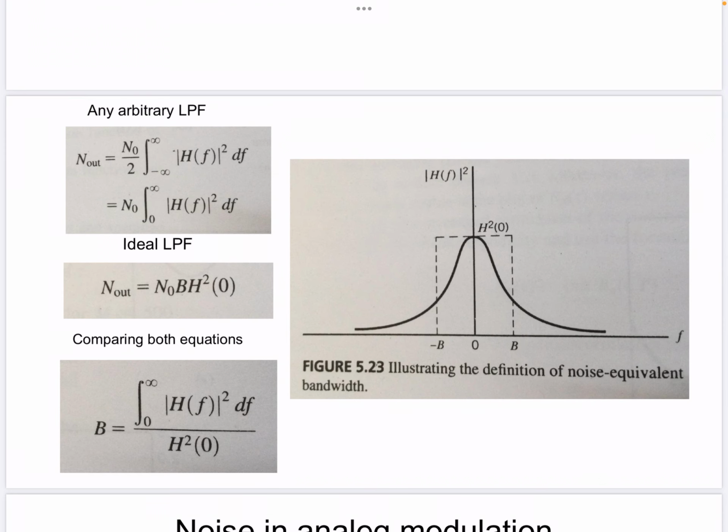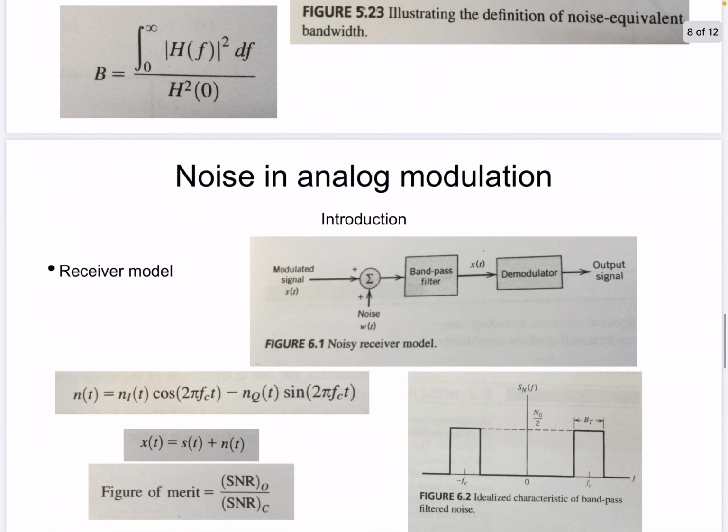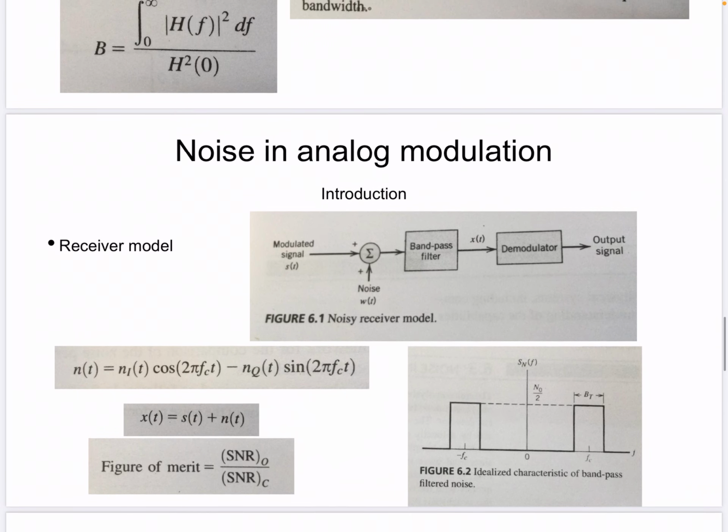So this is about the noise equivalent bandwidth. Next, we'll briefly look at noise in analog communication. We'll have a noisy receiver model, where noise gets added only in the channel. We need to model the figure of merit, the signal to noise ratio, and then compare the figure of merit of the different analog modulation techniques.